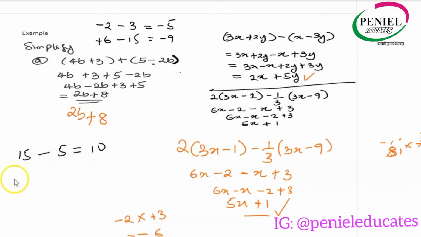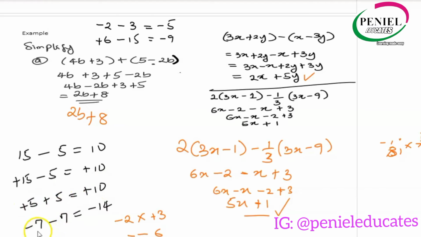But what it actually means is a positive 15 minus 5. Because this positive 15 is higher than the negative 5, that's why you have a positive 10. And if you have 5 plus 5, it's as if you are adding a positive 5 plus another positive 5, and you're going to have a positive 10.